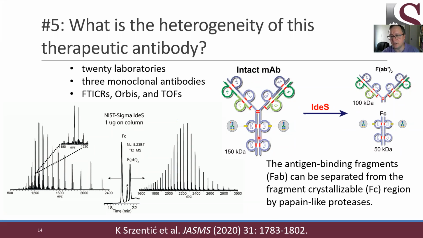This stem down here is necessary for interacting with the rest of the immune system, but it's not very specific. It doesn't really have any binding affinity to the antigen. So if you were trying to discern how pure a particular antibody preparation was, you'd care a lot about this top part and not so much about the handle. So if you treat it with something like IDES or another papain-like protease, you can separate the Fab, the specific part, from the non-specific part, the fragment crystallizable part.